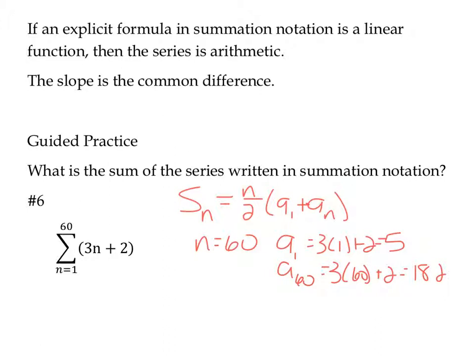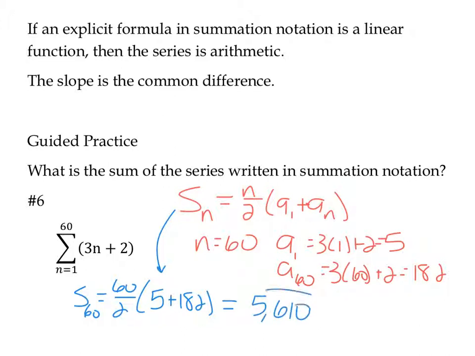So now we can find the sum of all 60 terms: 60 over 2 times 5 plus 182. If you do those calculations correctly, you're going to get 5,610.